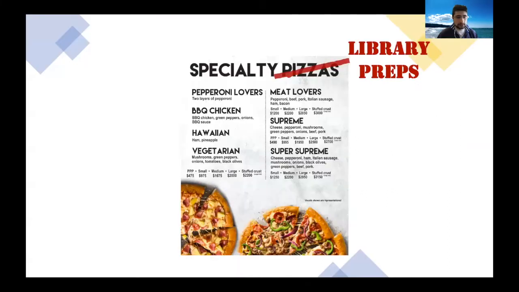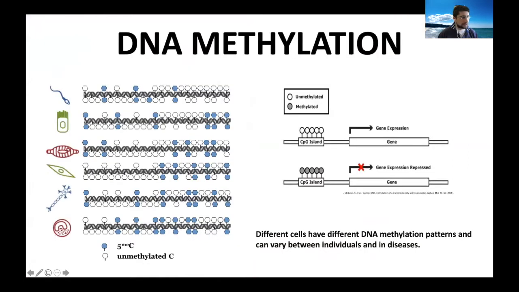Let's go ahead. So today we are talking about specialty library preparation, and these are variations on the DNA library preparation. The first one that we're talking about is actually my specialty.